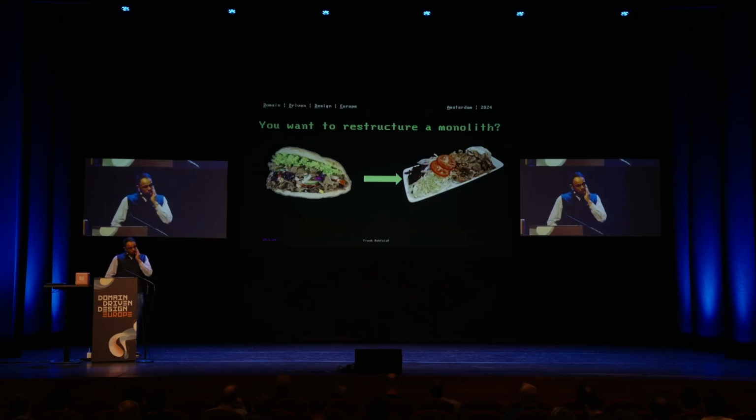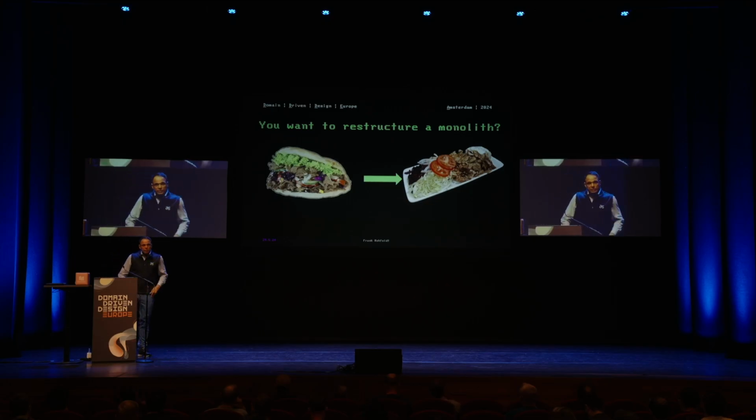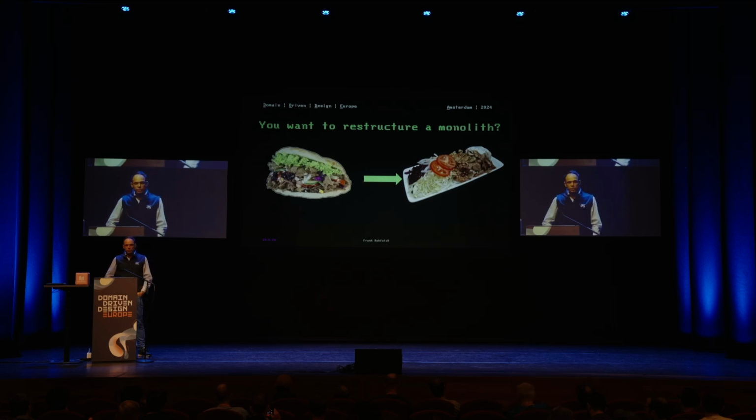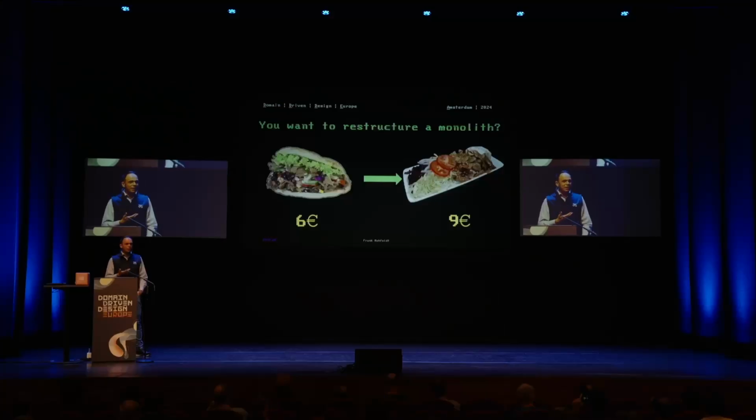But then, maybe it's your task as a software developer to restructure this monolith. I don't know if it's a thing in the Netherlands too, but in Germany we have a dish called a kebab plate, which is basically a well-structured kebab, but it costs much more. And I really don't get the point here.